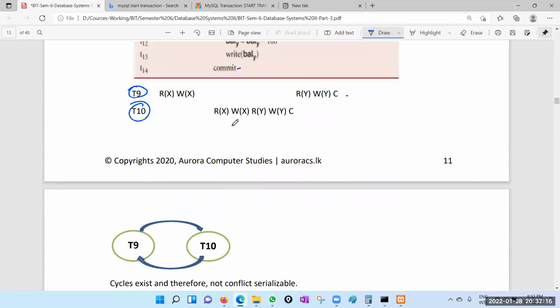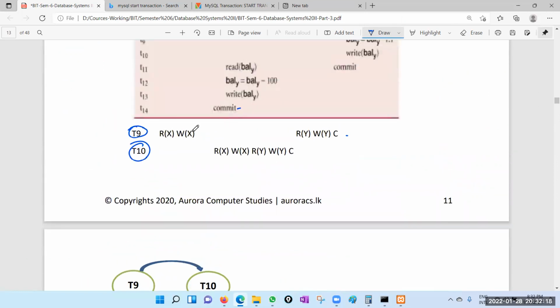Right. So this is read and write. Anyway, in the same transaction, there is no potential conflict. So these two are not a potential conflict because they are in the same transaction. What about read x and read x? No, both are reads. Then write x and read x. There's a potential conflict.